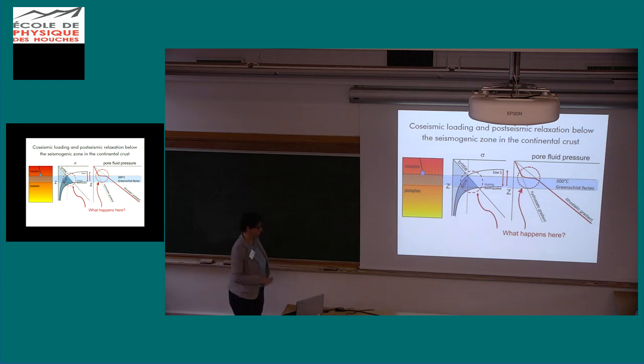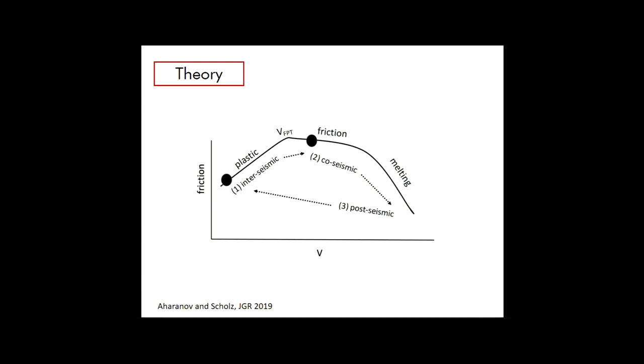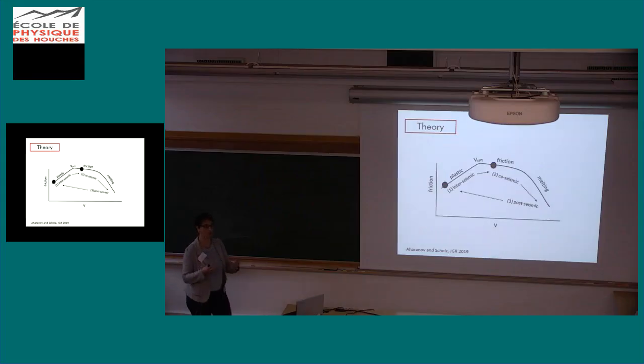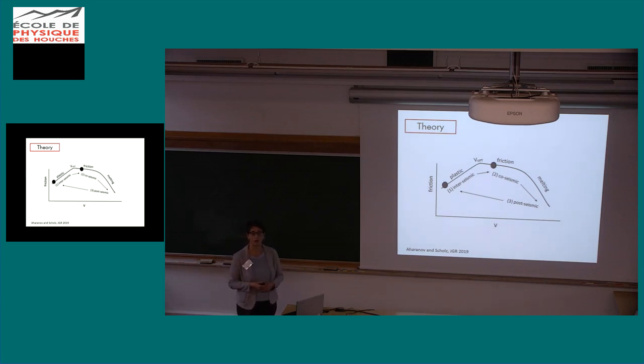Okay, so before I take you to the Eastern Alps, firstly I would like to summarize a few things that we heard yesterday and what is known on this, what is the evidence of coseismic loading and postseismic creep.